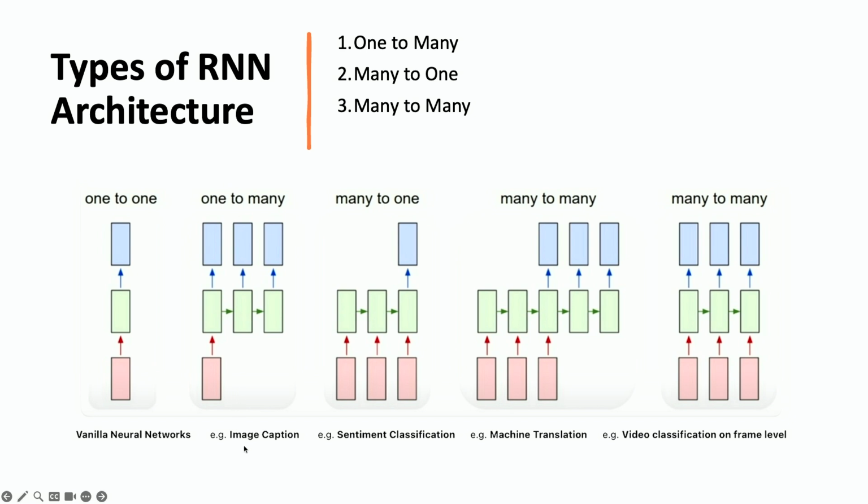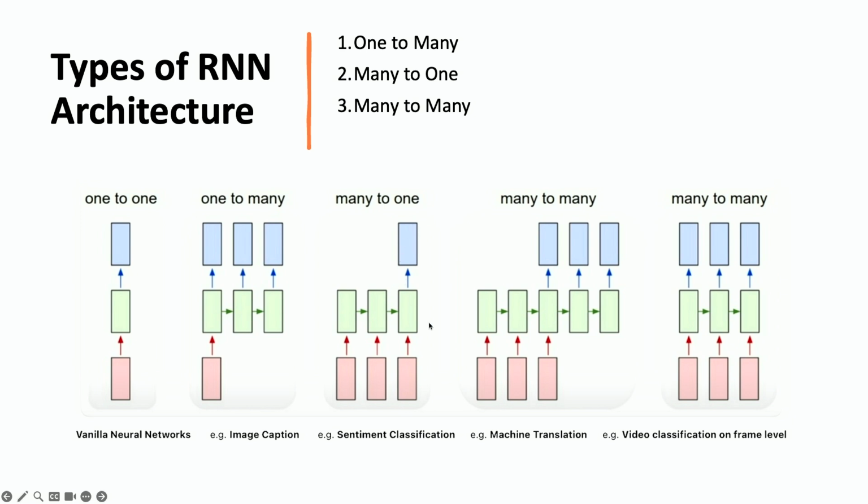This can be used, for example, when you provide an image and it describes this image, generating some text. In such a case, this is called a one-to-many relationship. Here, for example, in sequence classification, you provide several pieces of information in a time series, and it outputs only one result.